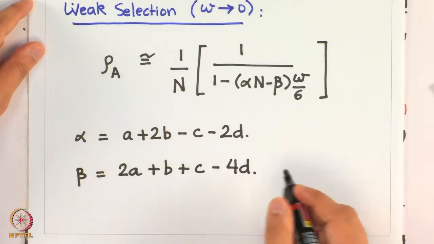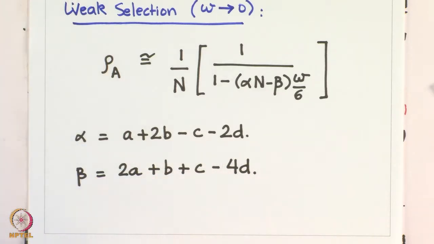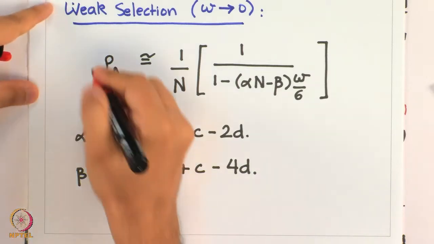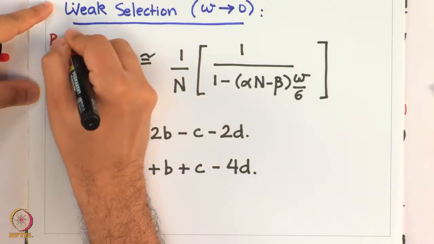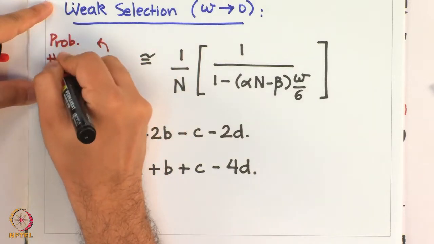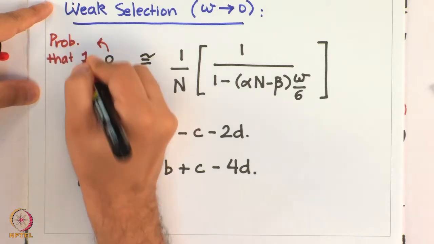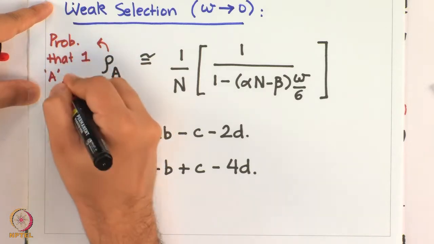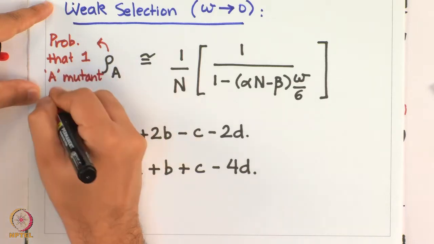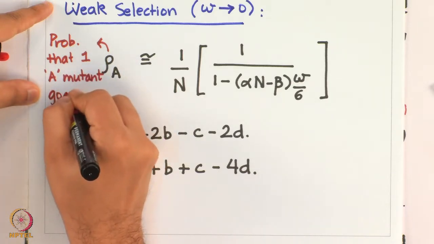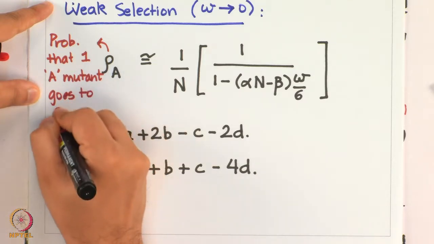Here a, b, c, d are the elements of the payoff matrix, and rho A is the probability that one A mutant goes to fixation.